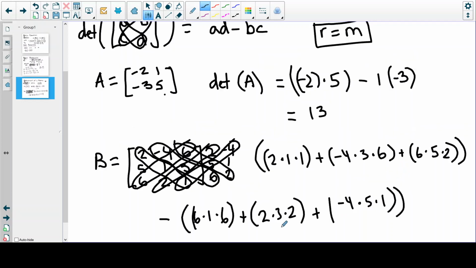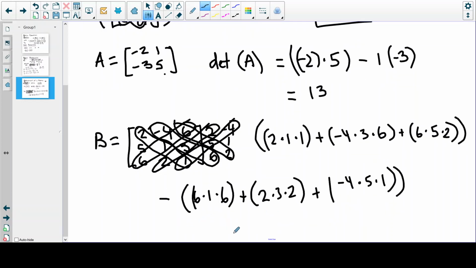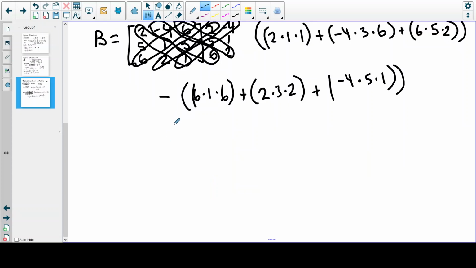So then ultimately this will come down to equaling 2 plus -72, yeah, -72, plus 60.